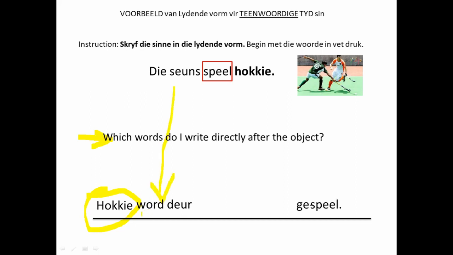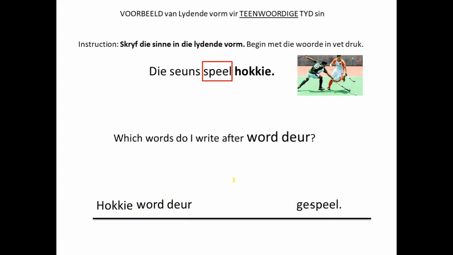So I've written down word deur directly after the object. So hockey, word deur. Now I still need to finish the sentence here. Which words do I write after word deur? Die seuns, you are correct, because I need to finish the sentence and we are talking about die seuns.